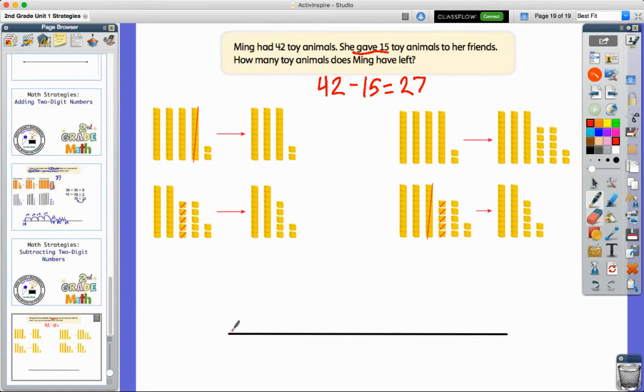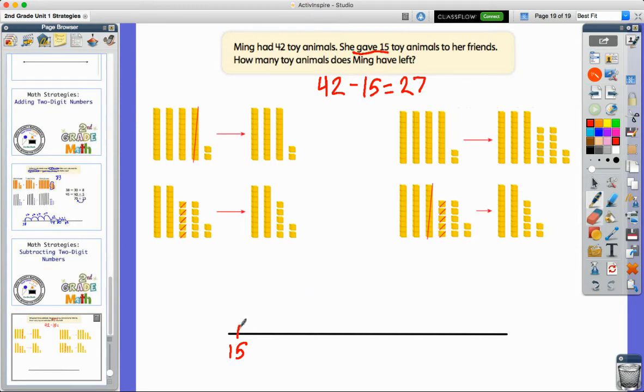Well, in the book, they start with 15, and we count on to get to 42, and what we move is going to be the difference, or what the change is. So if I start at 15, which is what I had in the problem, and I want to count up to 42, I'm basically turning my subtraction problem into an addition problem.